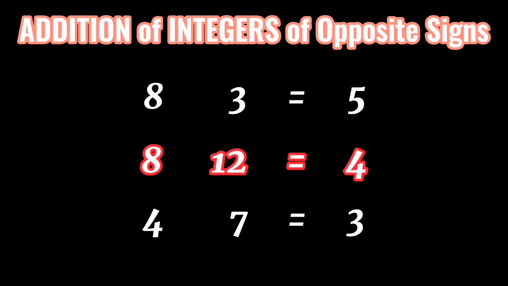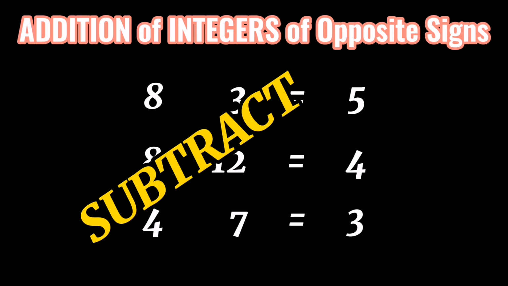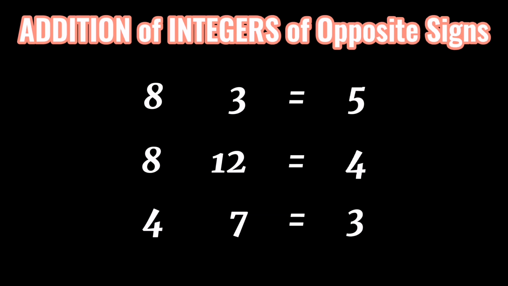Yes, absolutely. And how about 4 and 7? Is the statement 7 minus 4 equals 3 correct? Yes. And therefore, to add two integers that are of different signs, we don't add their absolute values but subtract them instead. And how about their signs?